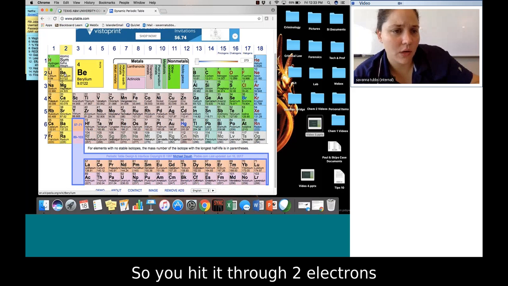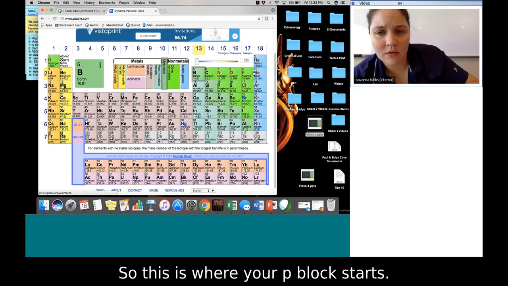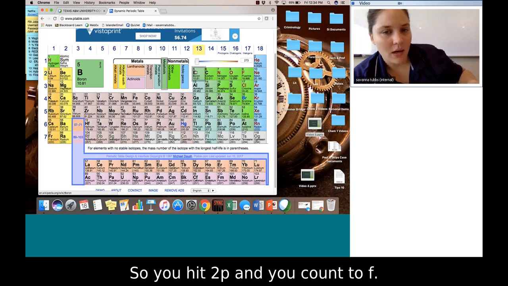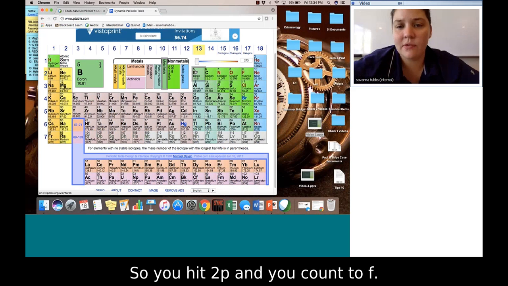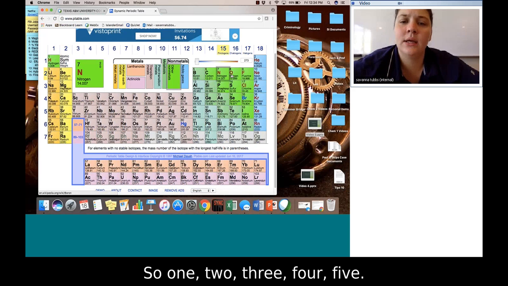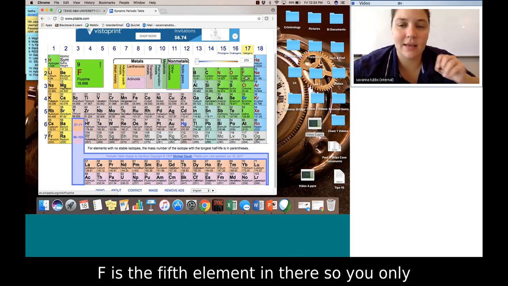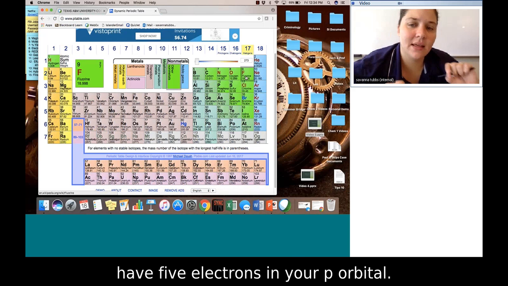So you hit through 2 electrons. And then you hit your 2p. So this is where your p block starts. So you hit 2p and you count to F. So 1, 2, 3, 4, 5. F is the 5th element in there, so you only have 5 electrons in your p orbital.